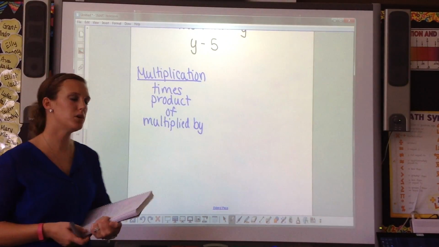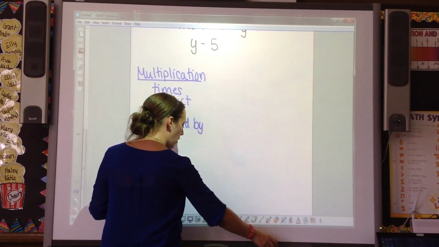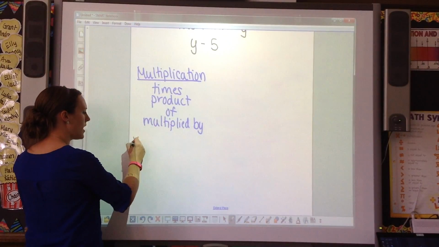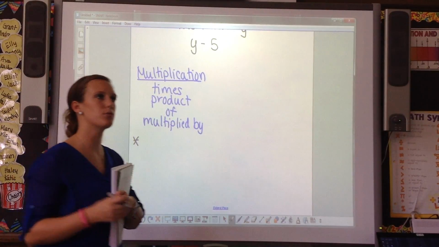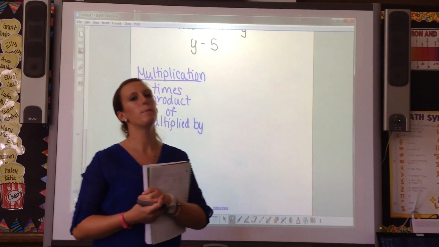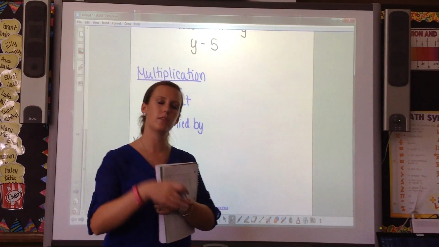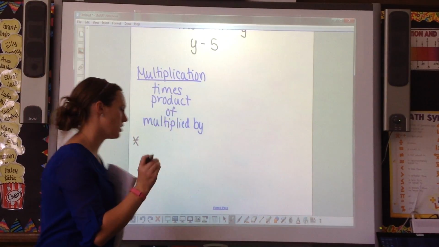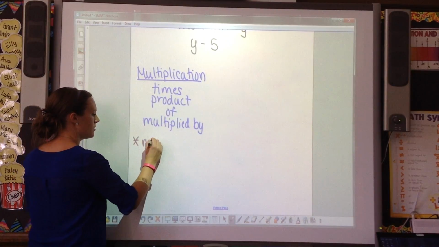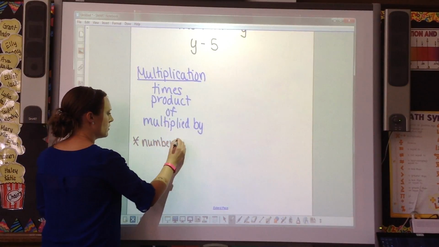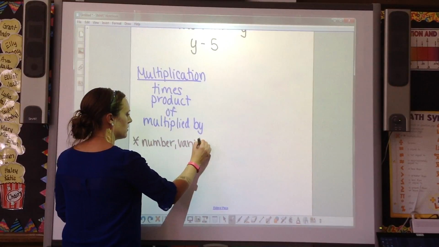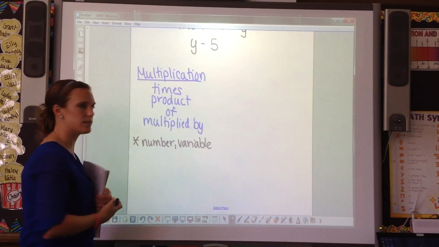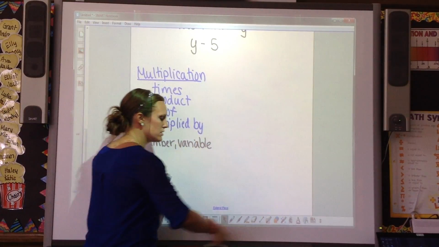With multiplication, you're not necessarily going to list it in order like addition and subtraction, but instead you're going to list the number and then the variable, and they're going to be right next to each other. I'll give you an example after we write down the division words.